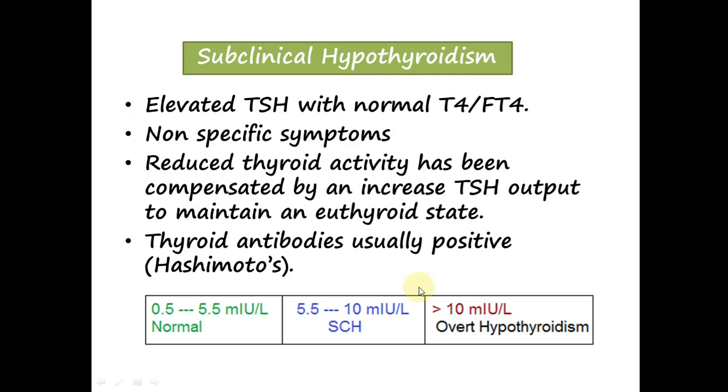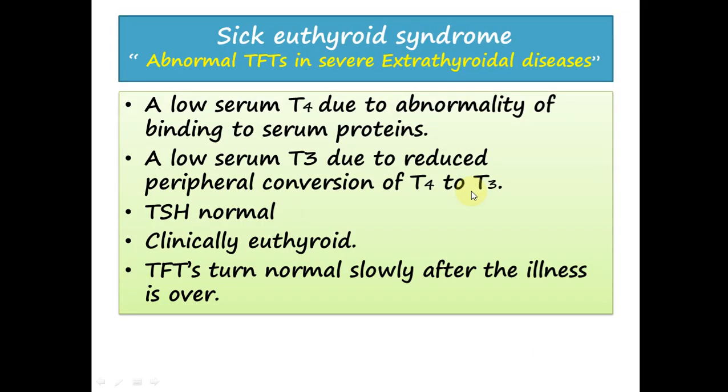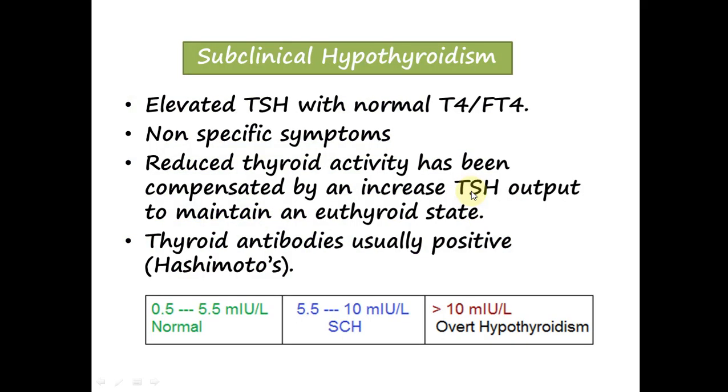So, subclinical hypothyroidism is the condition in which there is elevated TSH but normal T4 and free T4, which are maintained at the expense of the elevated TSH. There are no specific symptoms, and if thyroid peroxidase antibodies are present, then it favors Hashimoto thyroiditis.